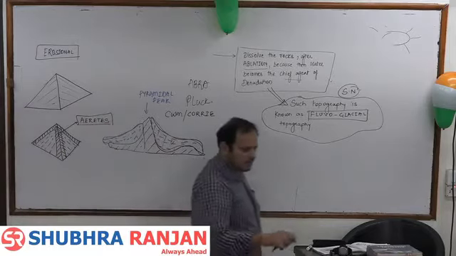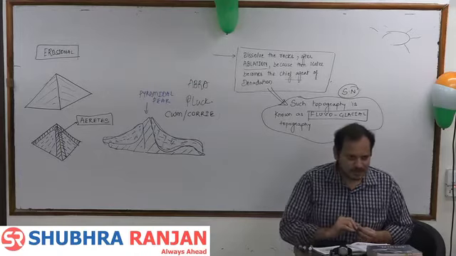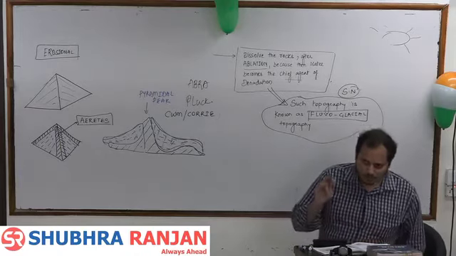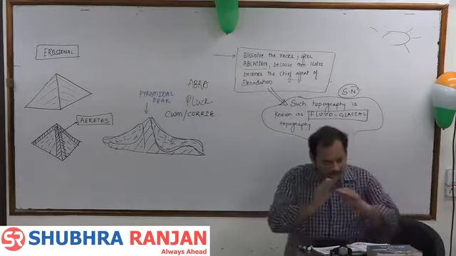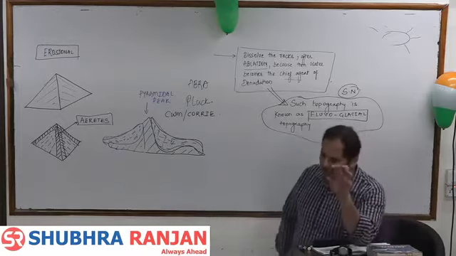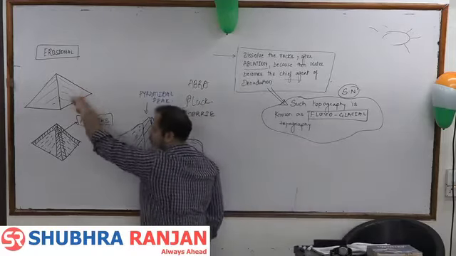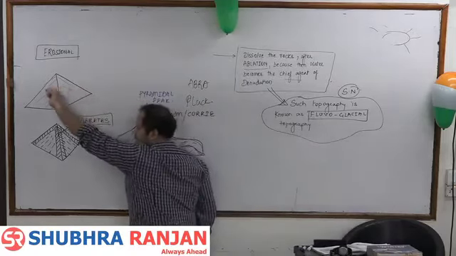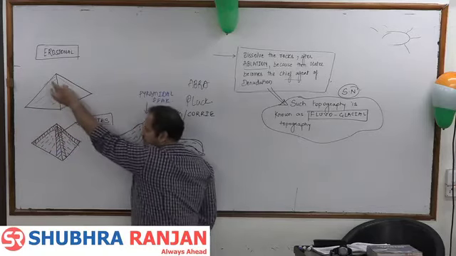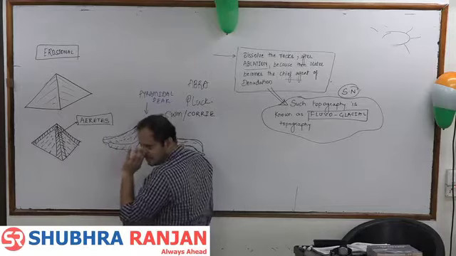Understanding what is CWM, what is Kori, what is arêtes? What are arêtes? When two or more glaciers cut back in opposite direction, the boundary of a mountain becomes very, very sharp. Just imagine an ice cream triangle. You are taking a scoop out of here, you are taking another scoop out of here. So will the बीच का part become very sharp? So that is what is known as an arête.